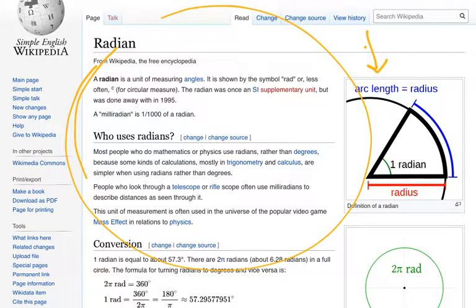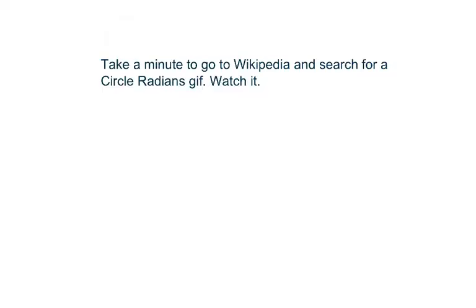I couldn't figure out how to embed this particular GIF, and it's a really great one for you to see exactly what it is. A radian is a unit of measuring angles. So if you want to take a minute to go to Wikipedia and search for a circle radians GIF, it's really great. I really like it.